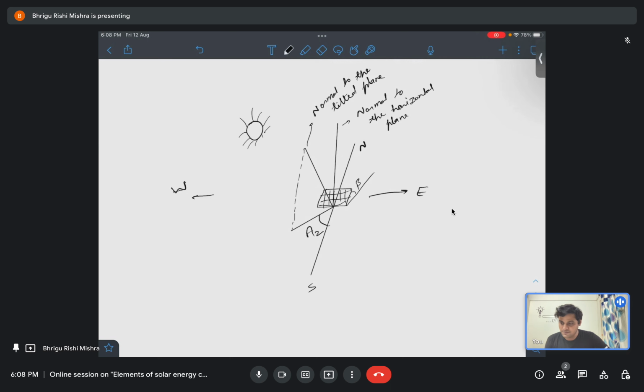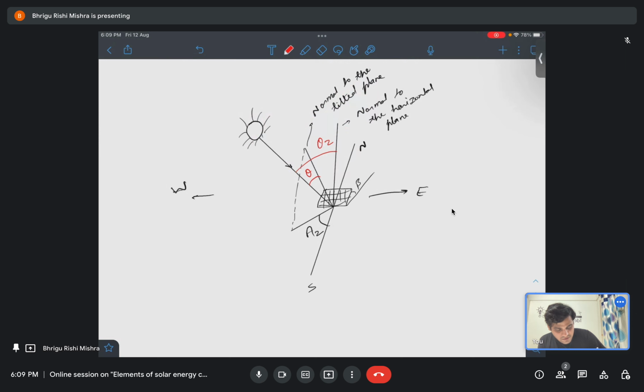Now suppose the sun rays are hitting the surface like this. The angle this sun ray makes with the normal to the tilted plane is the incident angle theta, and the zenith angle will be this one, with respect to the normal to the horizontal plane.